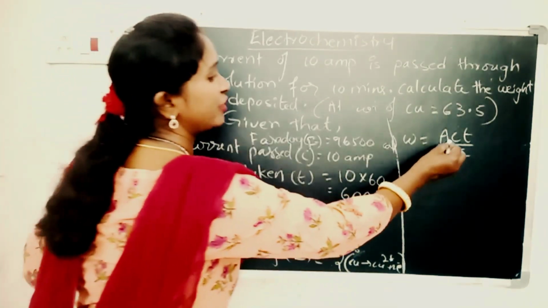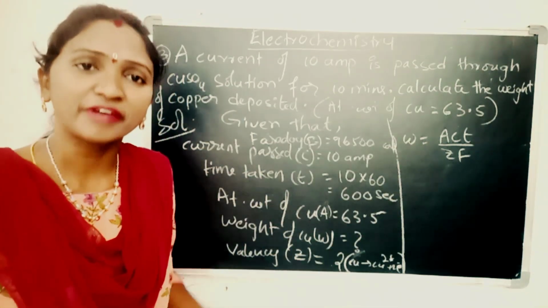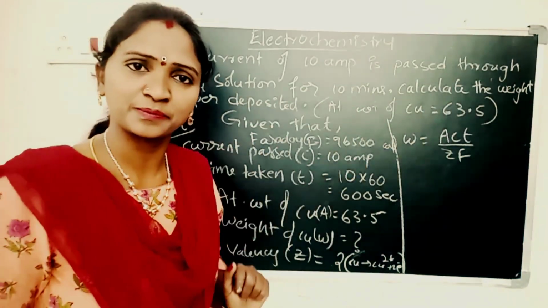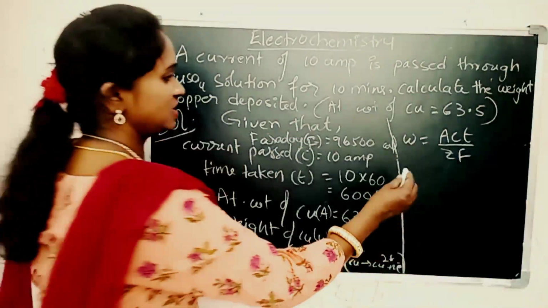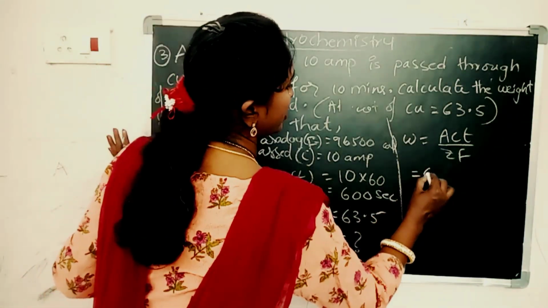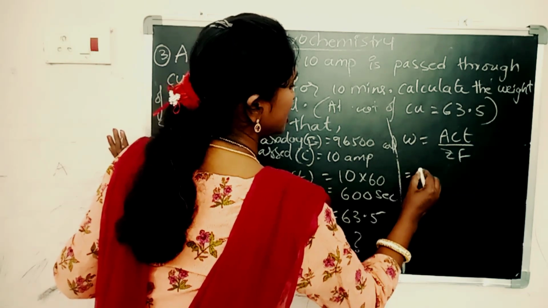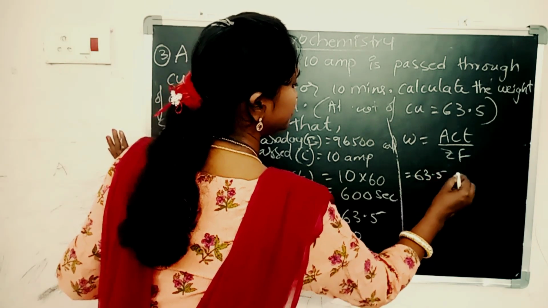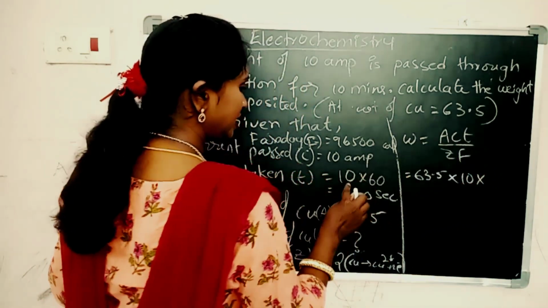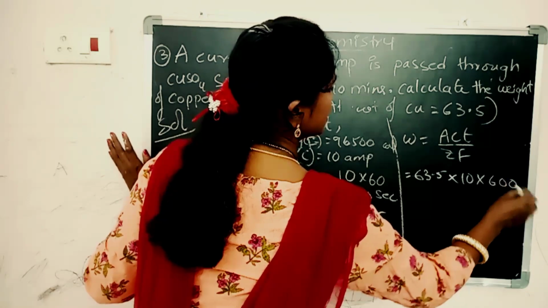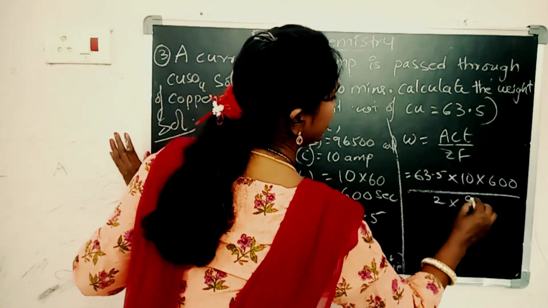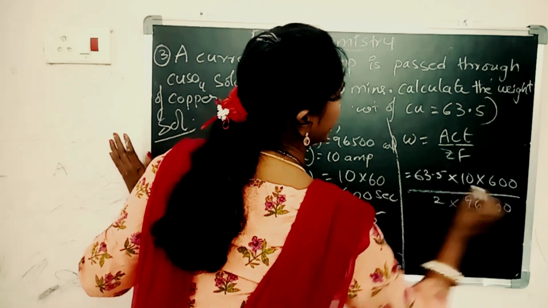Then finally we will have the weight of the copper deposited. See, A equal to 63.5, C equal to 10 amperes, T equal to 600 seconds, by Z equal to 2 and F equal to 96,500 coulombs.